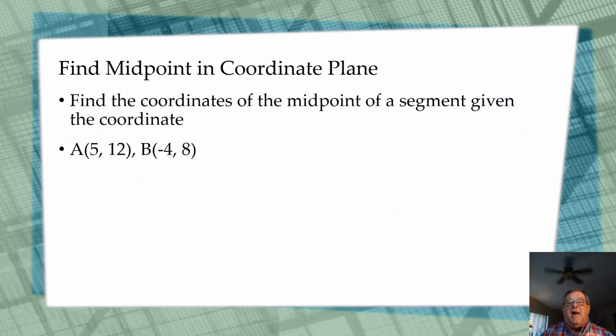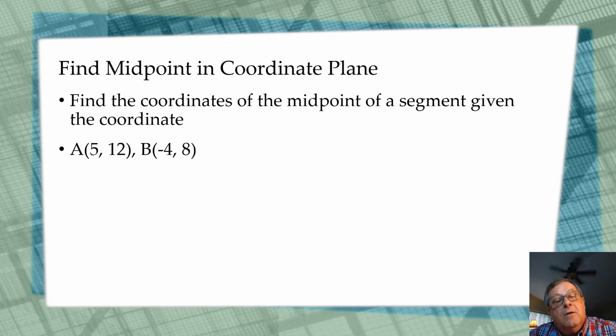So here we are asked to find the coordinates of the midpoint, and we've got an endpoint A, which is marked by the ordered pair (5, 12), and another endpoint identified by the ordered pair (-4, 8). We want to find the coordinates of the midpoint of this segment.